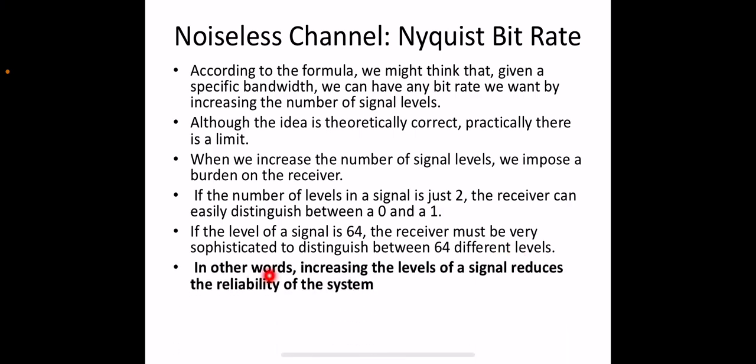In other words, increasing the levels of a signal reduces the reliability of the system. There can be misinterpretation at the receiver if there are a lot of signal levels. So by increasing the number of levels, we can never increase the data rate beyond a maximum.